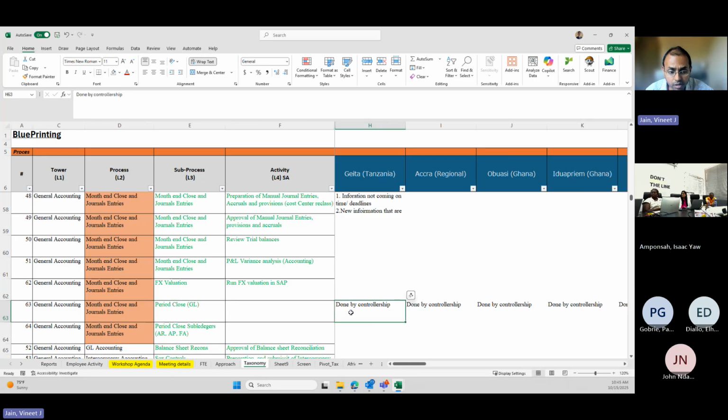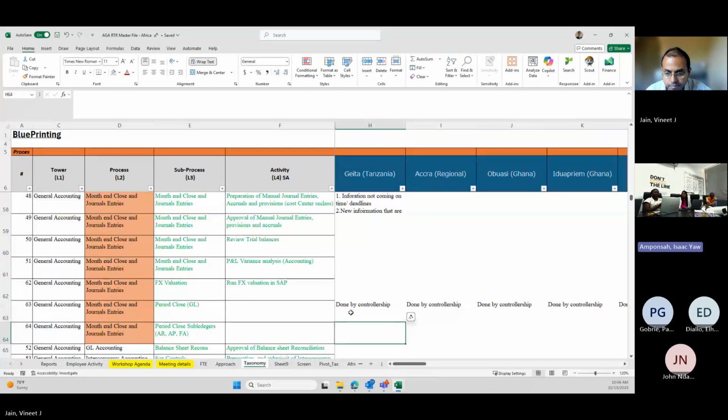Okay. What about closing of FA, fixed asset, general ledgers, AR, AP? Is it done by you, the subledgers, not the general ledger, subledgers? Sorry, say again. We have been doing this for about 2 months after the changes, maybe.